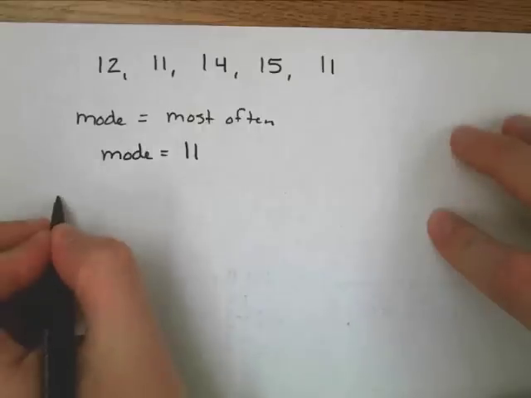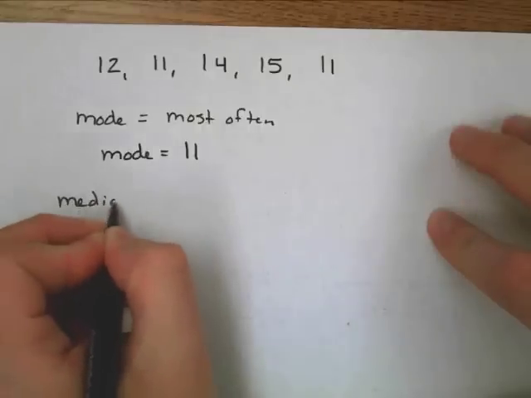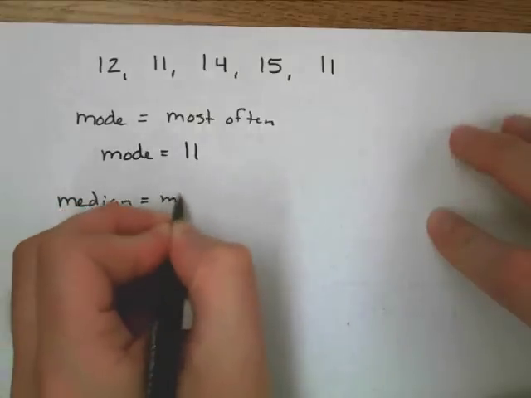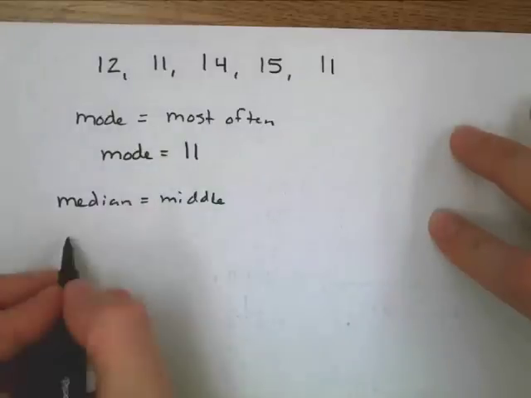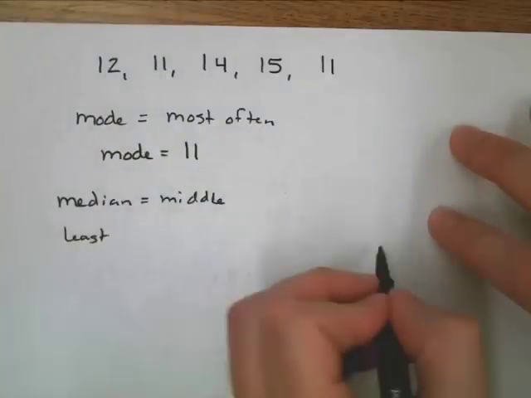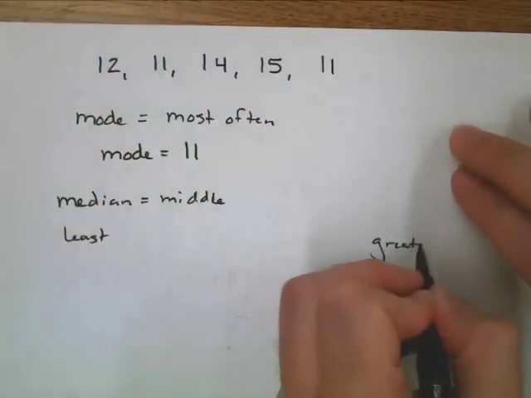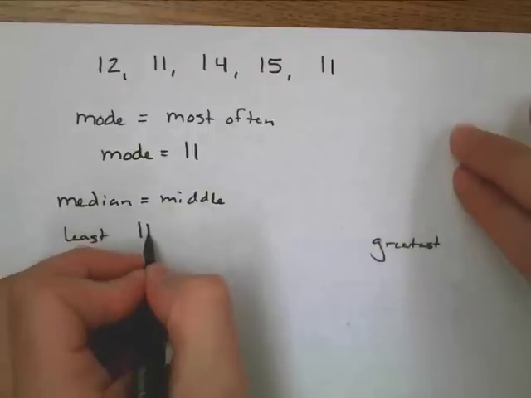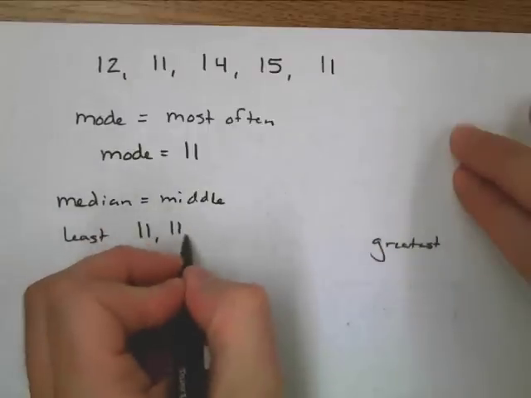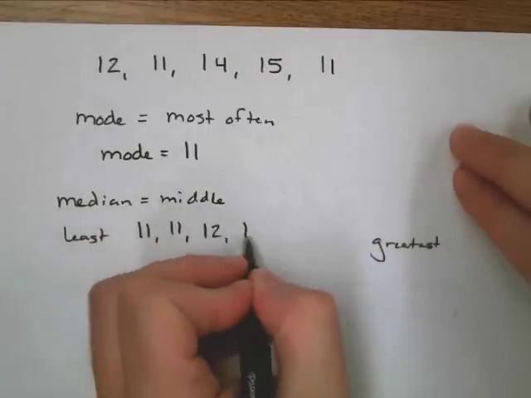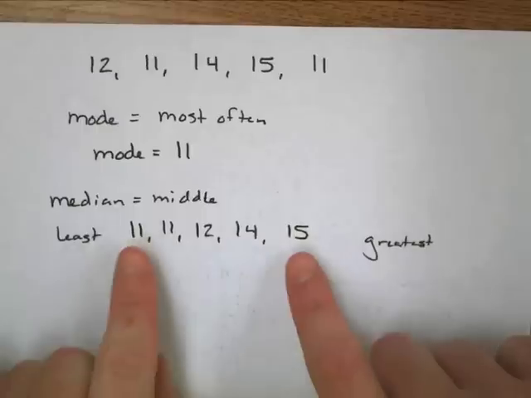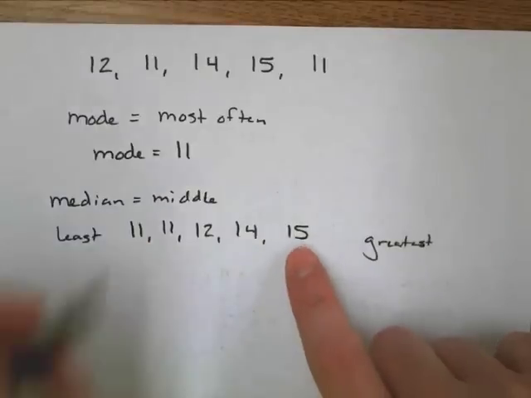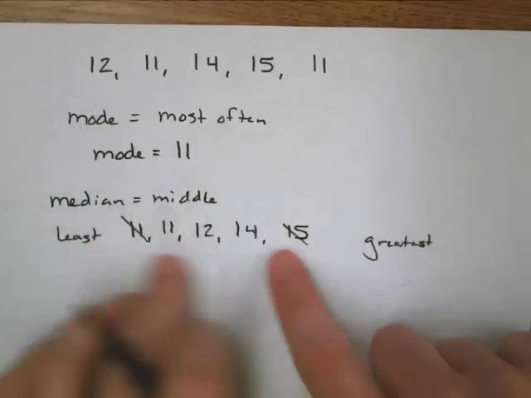What about median? So remember, median is that one right in the middle. So I'm going to go from least to greatest, order my data. So I have 11, I have 11 again, 12, 14, and 15. So I'm just going to go from my outside smallest and largest and cross off, moving in towards the middle.